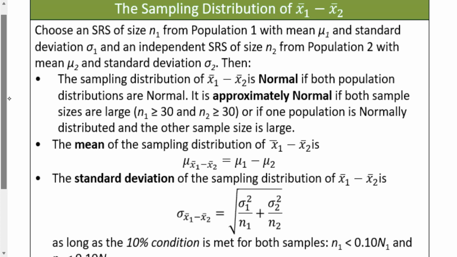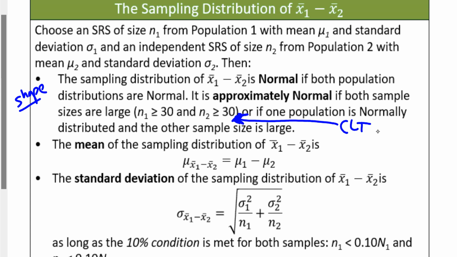Step 1, shape: we can assume that the shape is approximately normal if both samples are approximately normal, either if we know that their populations are normal, or if we have to use the central limit theorem. That's the only thing we can tell about their sample shape.